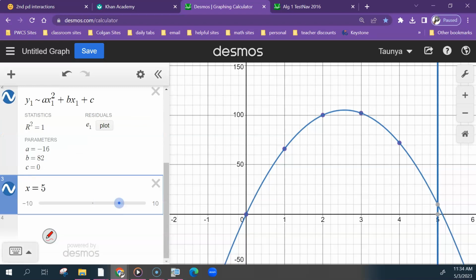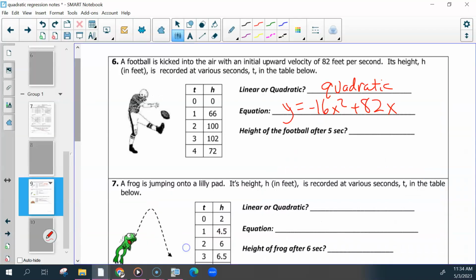So find where those intersect. 10 would be the answer, 10 feet. Any Desmos or calculator questions?